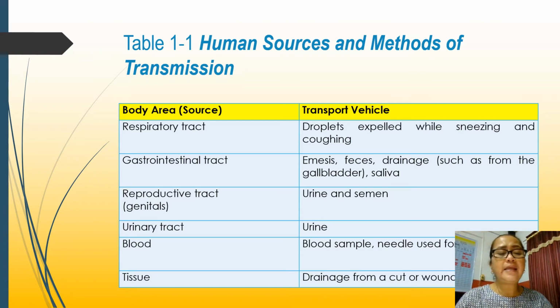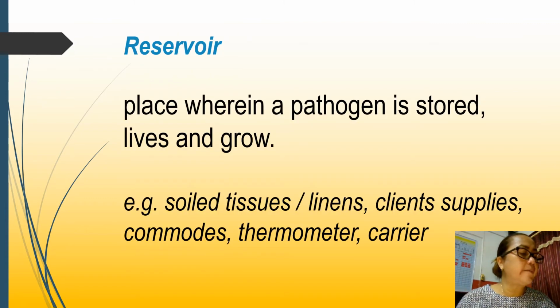It is highly infectious, so wear your protective equipment, your gloves. And urinary tract, we have your urine. And blood, we have your blood samples, needles used for venipuncture, injection. And tissues, we have drainage from a cut or wound, right? You should refrain from holding those because you could be contaminated with those microorganisms.